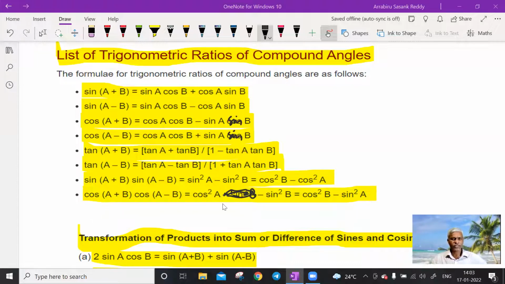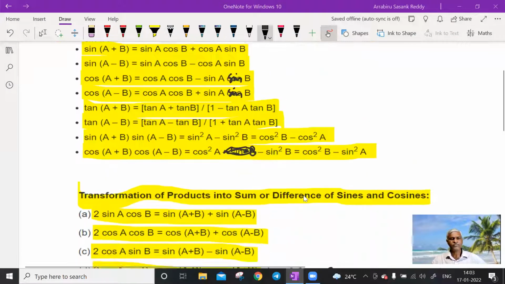For cos, it is cos square A minus sin square B. Or if you write cos square in terms of sin square as 1 minus sin square, and sin square as 1 minus cos square, you will get cos square B minus sin square A. One is cos and another is sin. For sin, both are sin or both are cos. So this A plus B into A minus B, you will get this one.